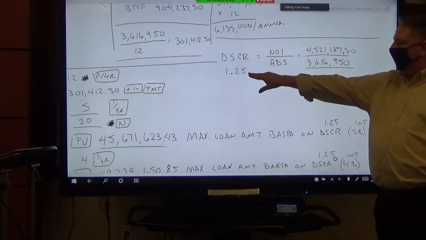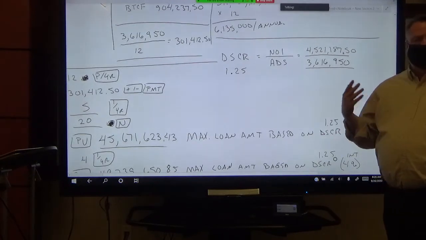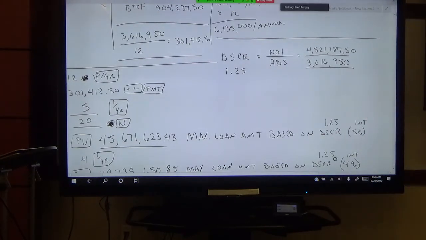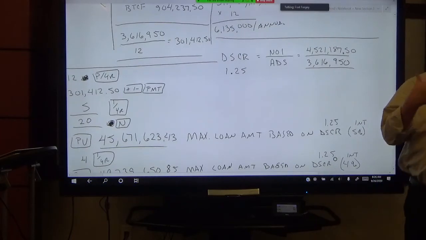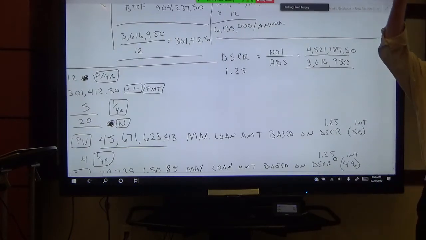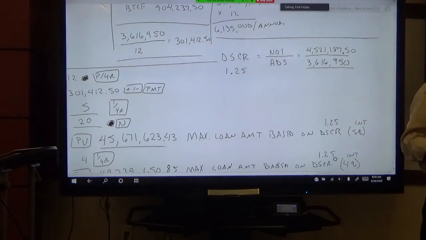So now they may set that if they feel uncomfortable with you, or uncomfortable with the project, they could say, we're going to set this at 1.5. And in that case, they want that much bigger of a cushion because they're basically saying, we don't necessarily trust that you're going to generate that much income.